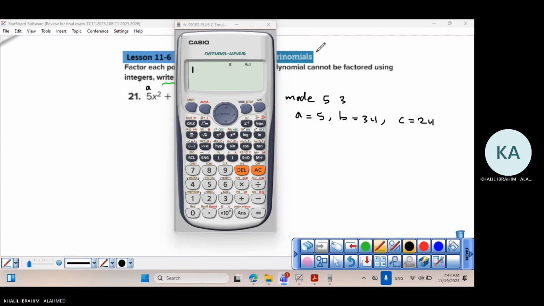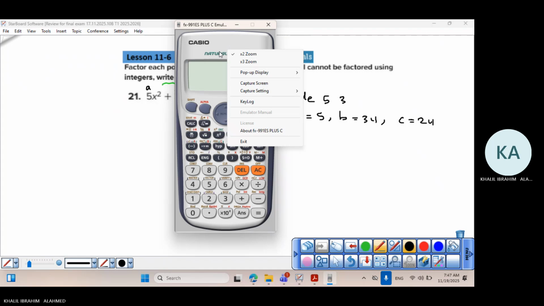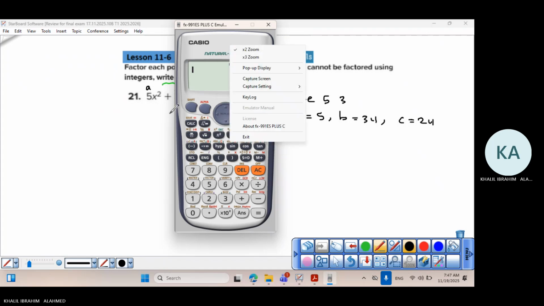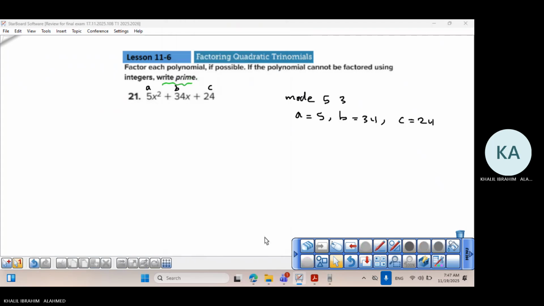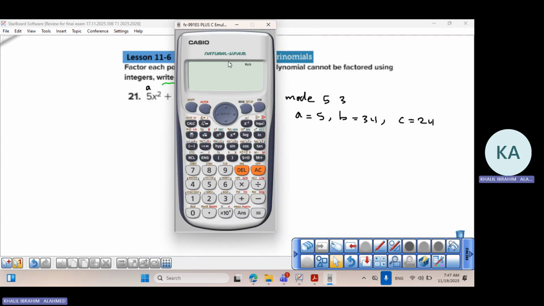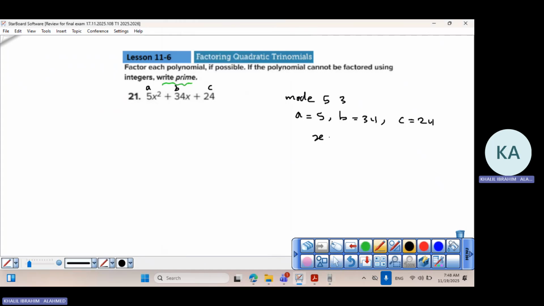Mod 5, 3, A equals 5, B equals 34, C equals 24. The answer is x equals, as you see here, x equals negative 4 over 5.